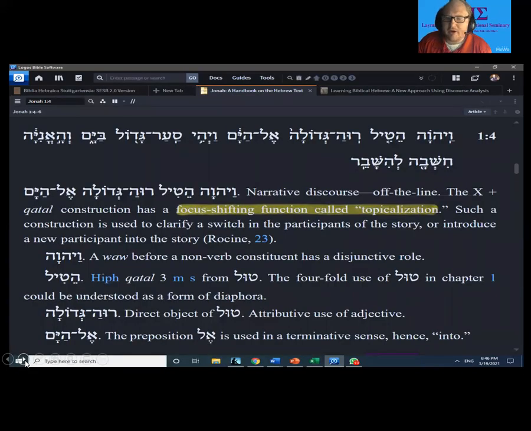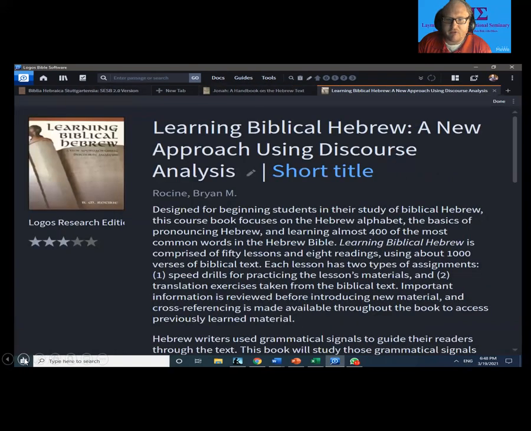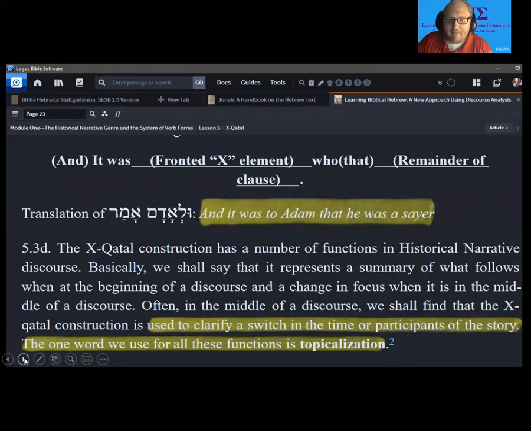Okay, here in 1:4, this is the Baylor Handbook, just talking about the focus shifting aspect of the x-qatal, which they're calling topicalization. And then he references Racine, which I also have. That's this book right here, Learning Biblical Hebrew: A New Approach Using Discourse Analysis. So I'm working through this as well. But here's the quote from that one. It kind of gives you a little translation gloss whenever you're translating.